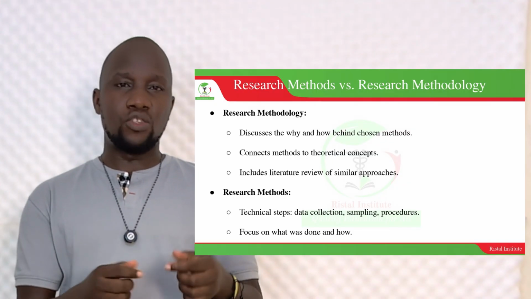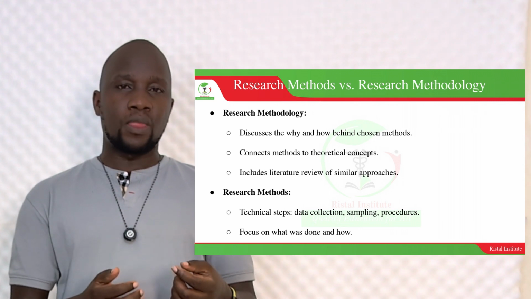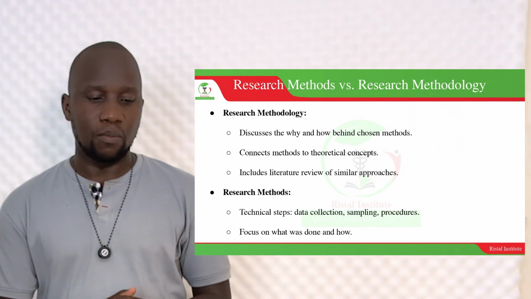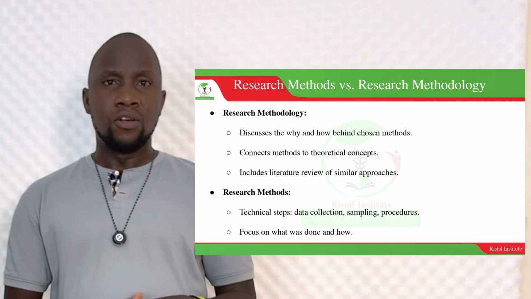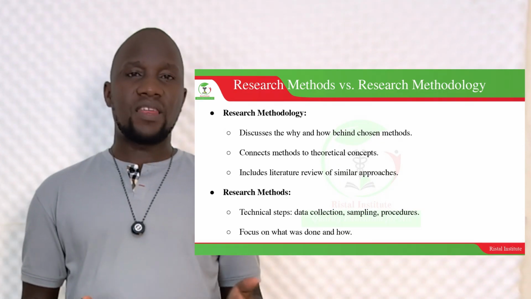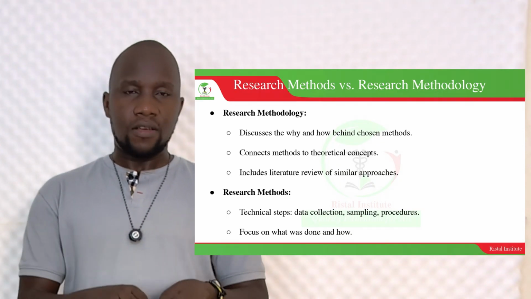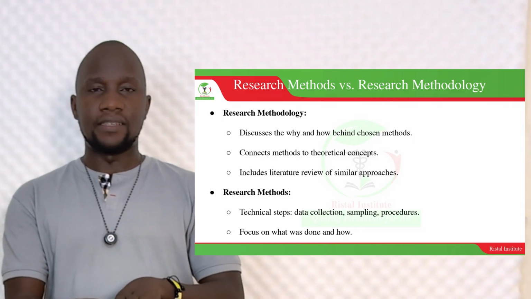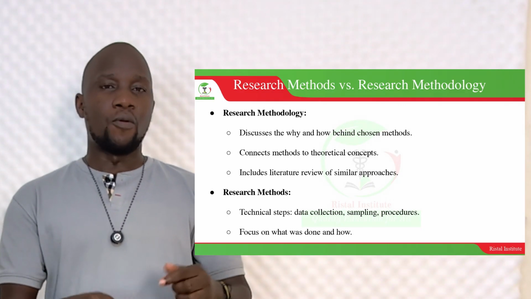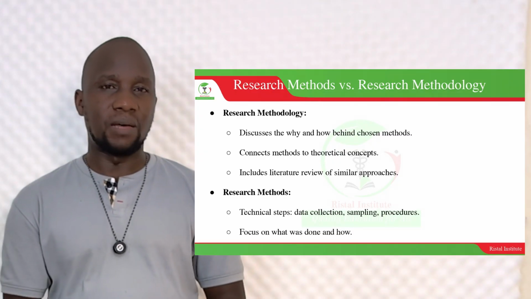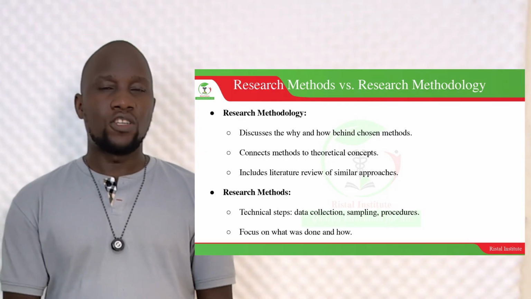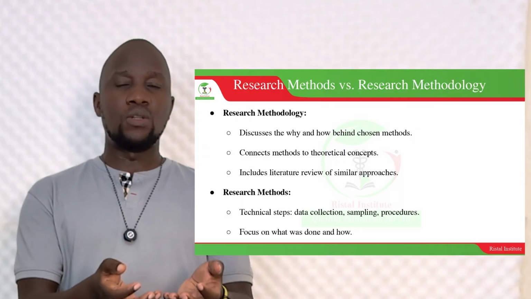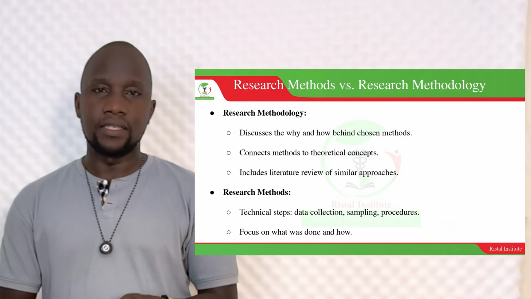But what informs that decision of what you're going to do is what we call research methodology. Okay, so for research methods, you're interested in what ought to be done and how. But research methodology is about what backs up the decisions that you have chosen.